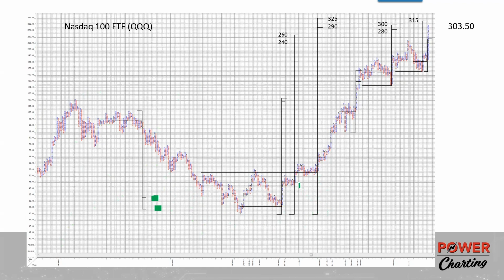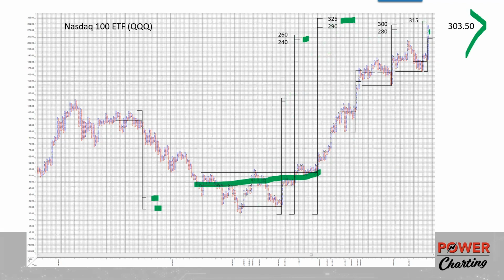Here's 2011, 2012. We have 3 counts here on the way up. These counts have been very, very good. This touched this area. Then we had this count 293.25, which is the breadth or the widest count of them all here. And we are now in the range of that count.